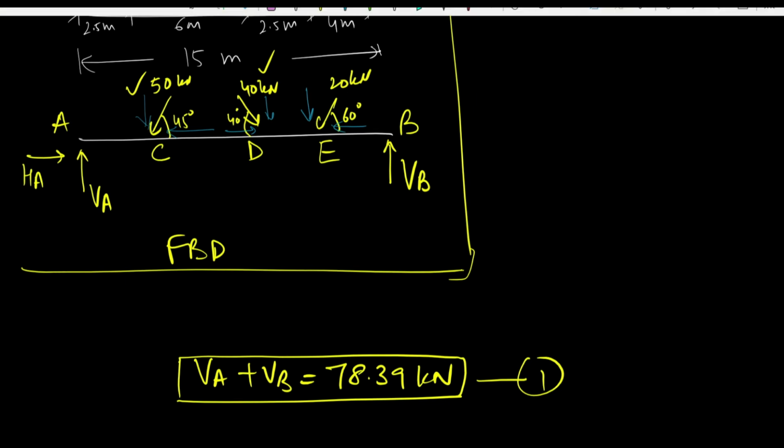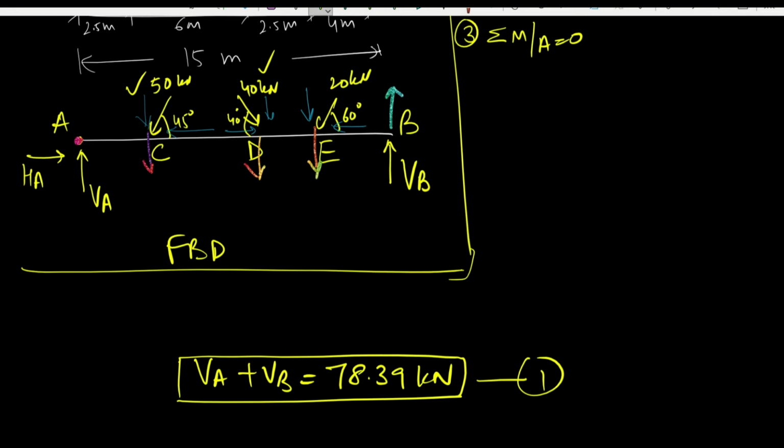Let us take the third equation and take moment about point A equal to 0. If I hold this point A, then I'll get moment due to this force, this force, this force and VB. Moment due to VB will be anti-clockwise, and moment due to 50, 40 and 20 are clockwise.